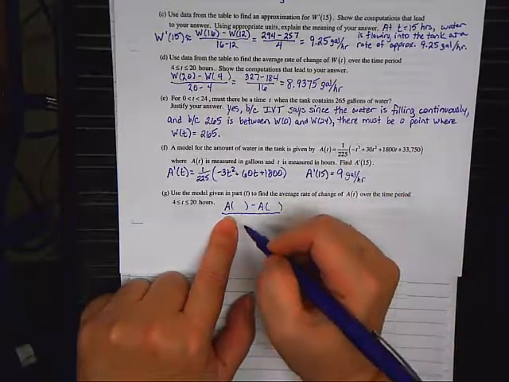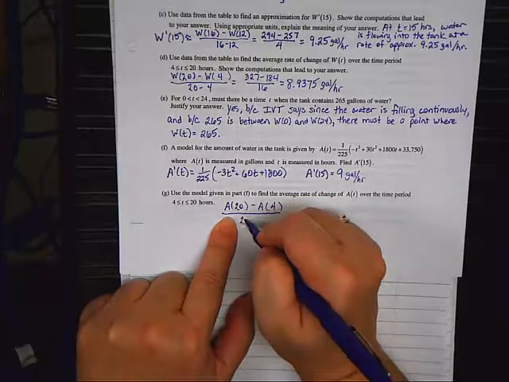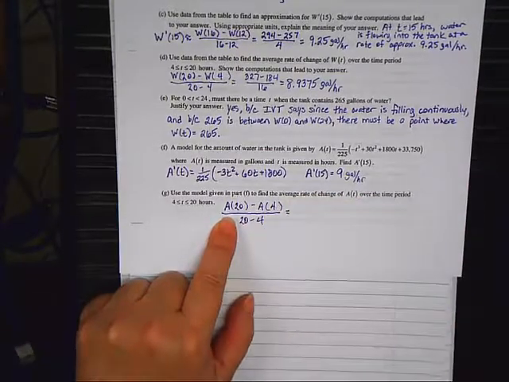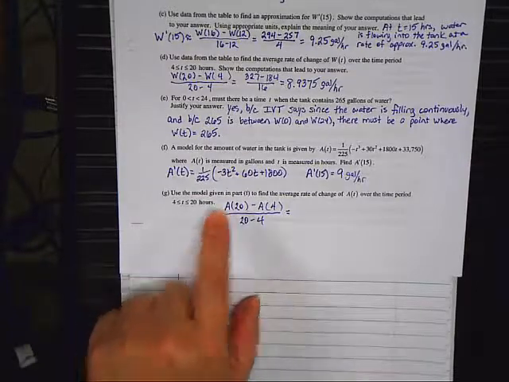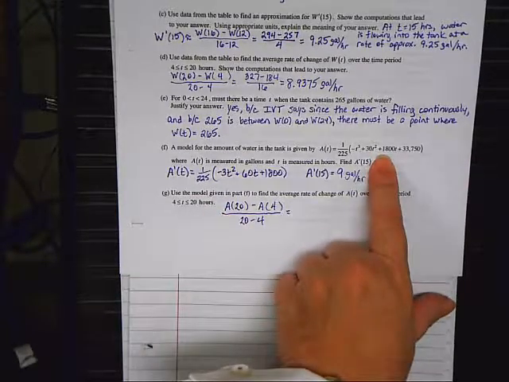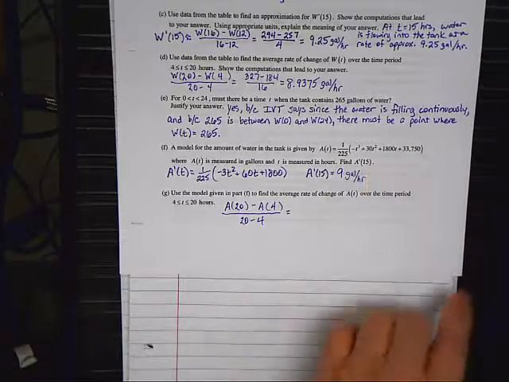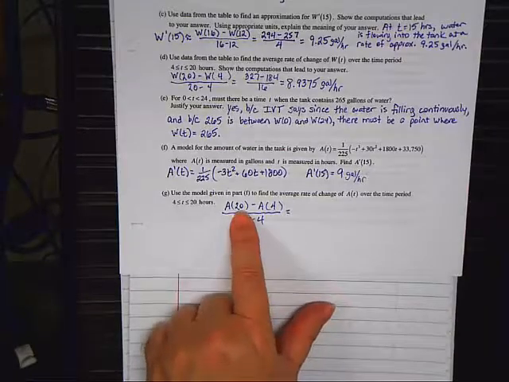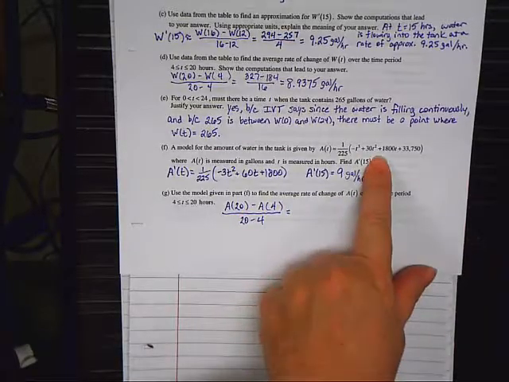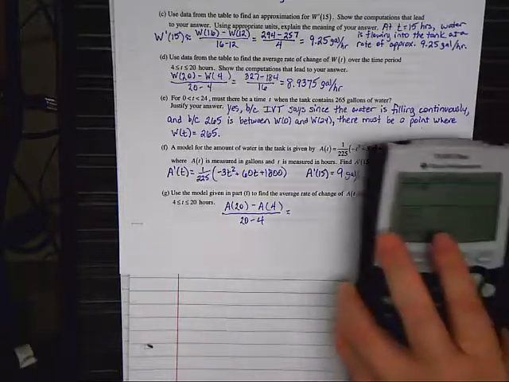So what goes in the first parentheses? 20. And then here's 4. 20 minus 4 equals. Now remember, we're plugging these into A. I would recommend you take that equation right there, put it into Y equals, and then use the table. Since I have to find the Y value at 20 for this, and the Y value at 4 for this, I'm just going to type it into Y equals once.